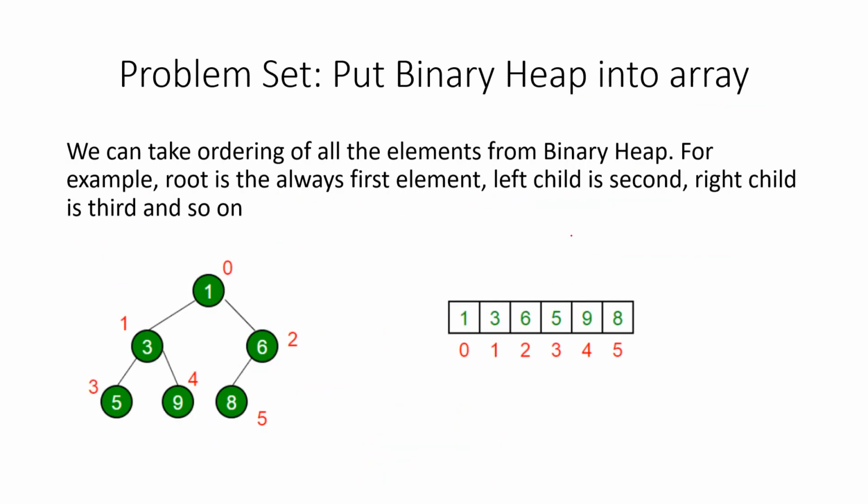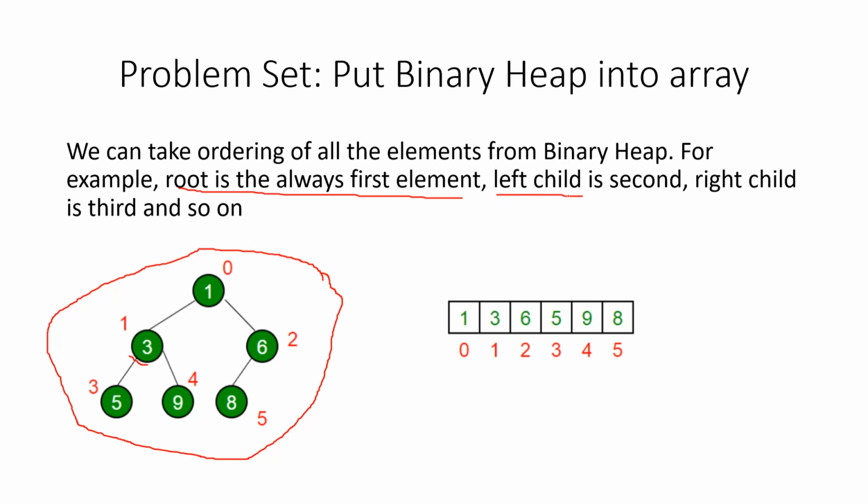So in order to solve this problem, let's say that we have this kind of min heap. On the min heap, the values of the parents are less than its children. So we can take the ordering of all elements from the binary heap. For example, the root is always the first element, and the left child is the second, right child is the third one, and so on.